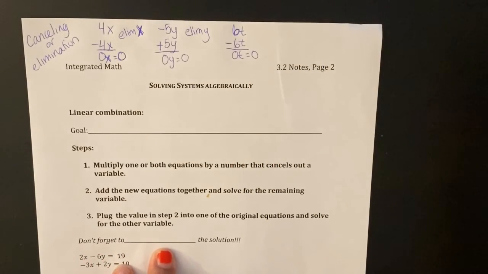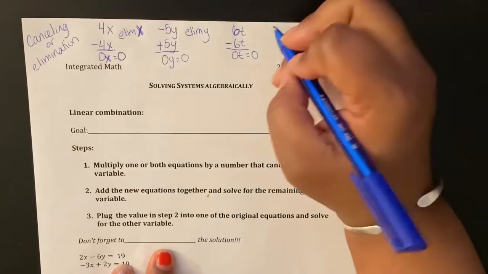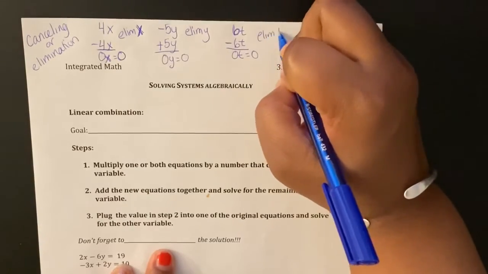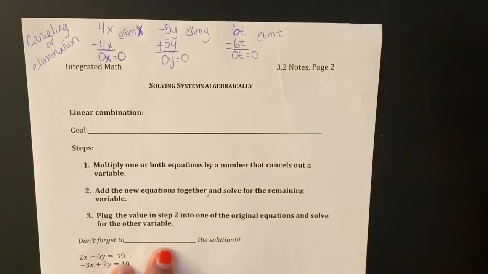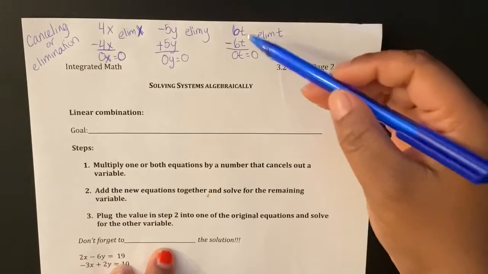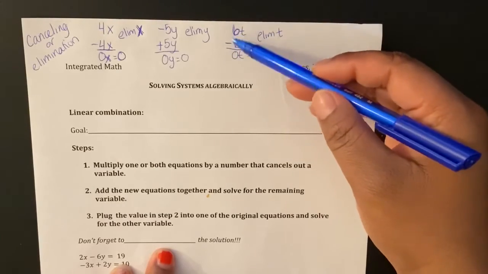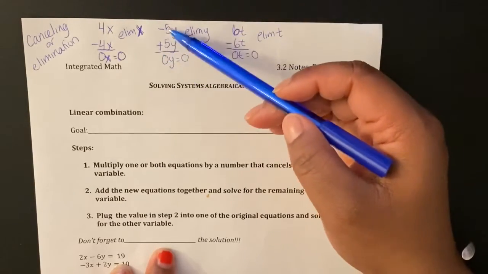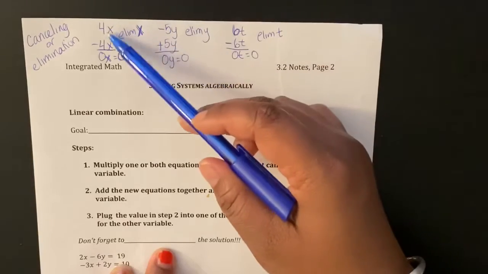So we eliminated t here. When we're doing our steps, we have to decide first which variable we want to eliminate. And then you must do the inverse, or opposite, operation to cancel that variable out.